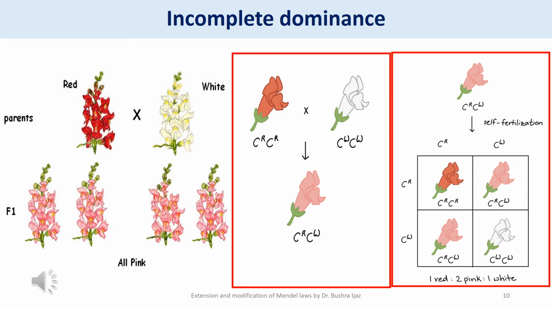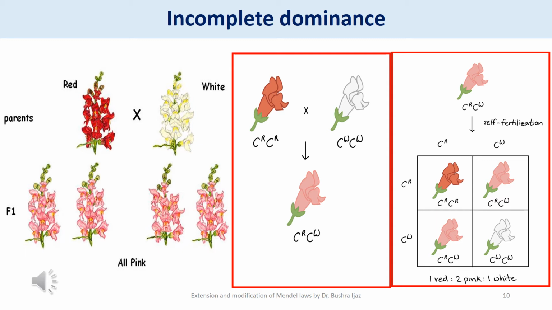In the white parent, the white color is represented by capital C with a superscript capital W. When they are crossed together, the genotype of the F1 pink flower plant is C^R C^W.